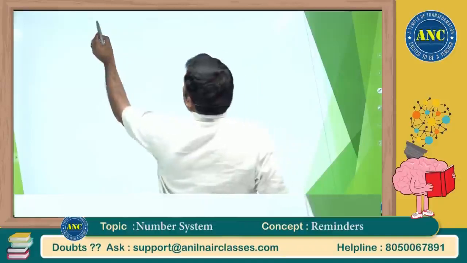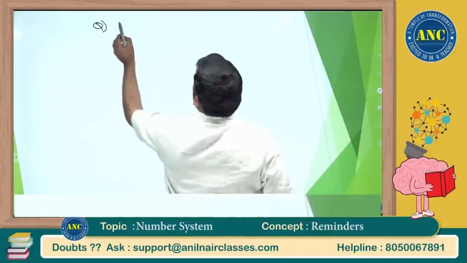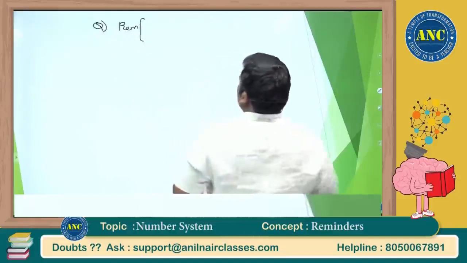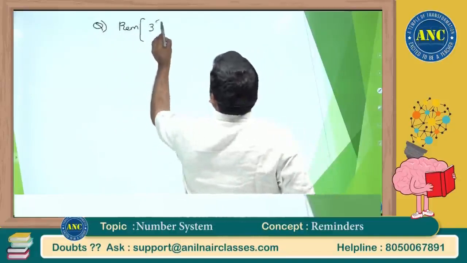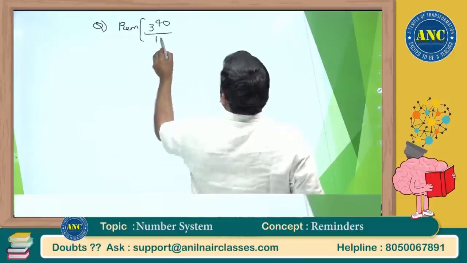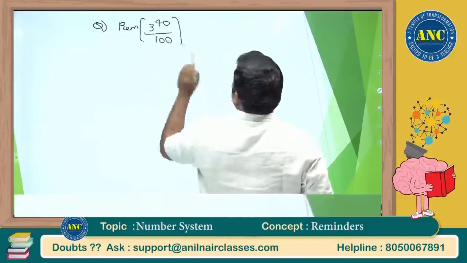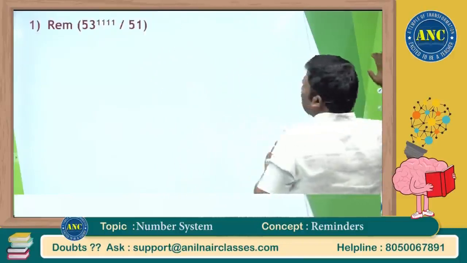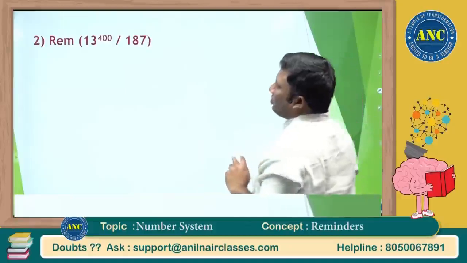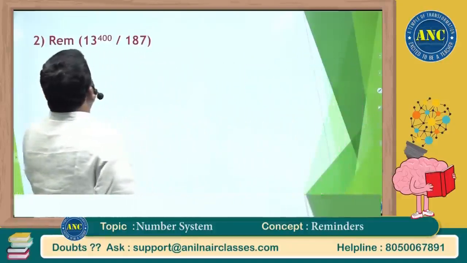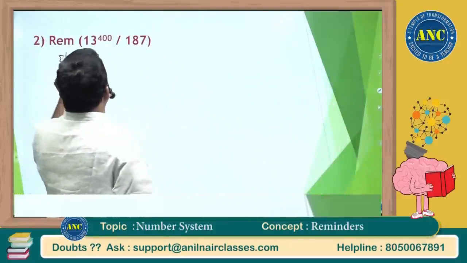Second one. We will take the exact question. Suppose 13 power 400 divided by 187, eliminating the answer options.